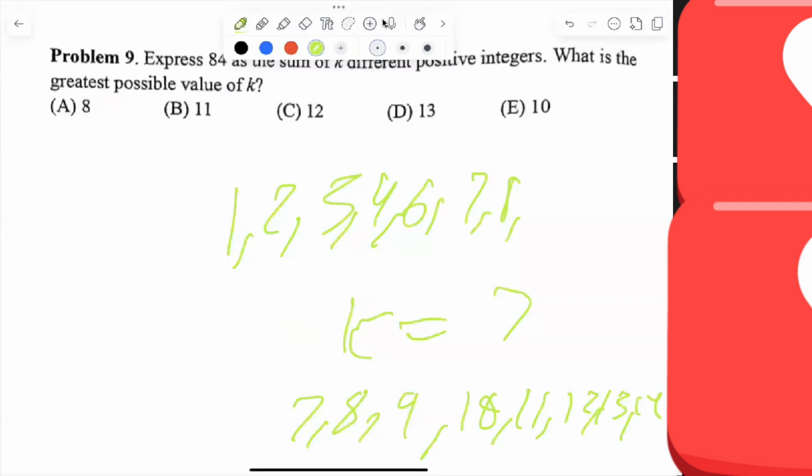That's all we have to do. And the greatest possible value of k is just 8. Oops, my bad, it's 8. Sorry. So the answer for this question is just going to be 8.